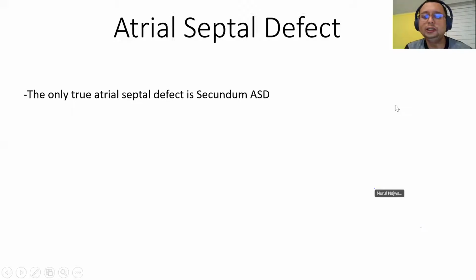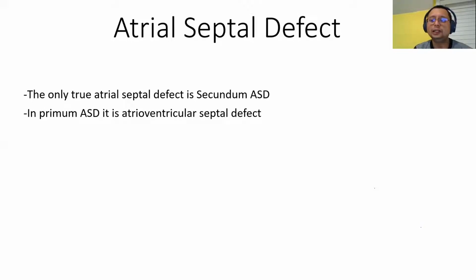The only true atrial septal defect, meaning the defect just at the interatrial septum, is the secundum atrial septal defect. Now the other three: in primum atrial septal defects, the defective wall is actually the atrioventricular connection. I will show you a little bit later what I mean by that.